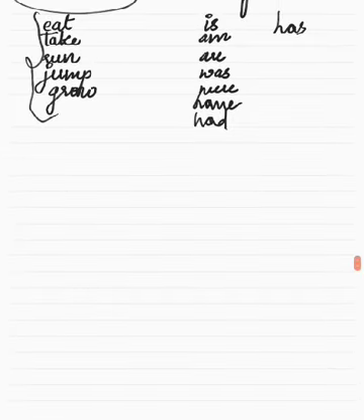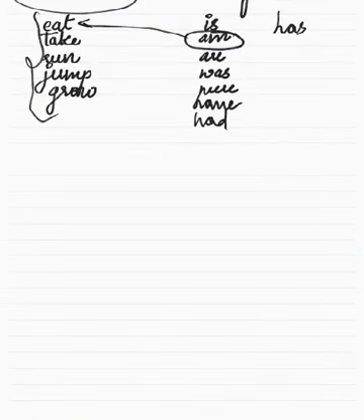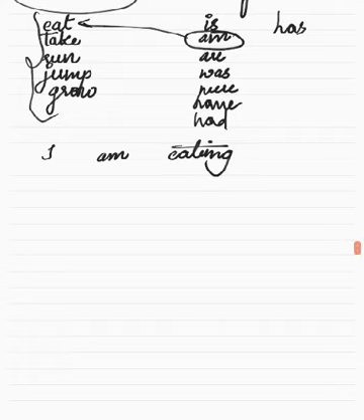So I'm going to use am first, to eat. You can say I'm hungry. I am eating. I am eating.